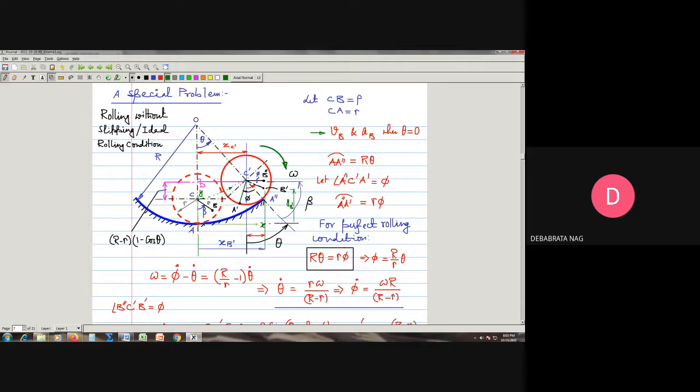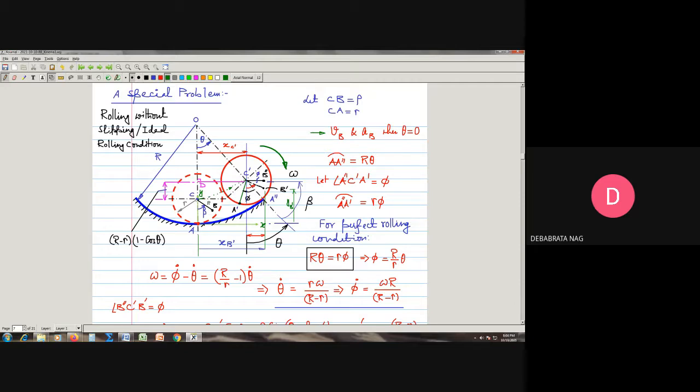By controlling these two parameters, rho and beta, you can take any point associated with this rigid body. Here we have taken rho to be less than r, but you can take any rho value starting from 0 to the radius, and that's how you define any point from the center to any point on the circumference of this body.